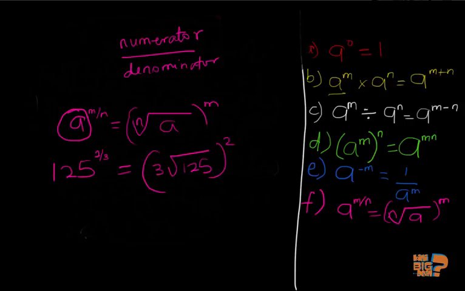Okay, what it means is what number will you have to multiply by itself 3 times to get 125? Well, that number happens to be 5. Okay, so your answer is 5, but then don't forget the square outside. That's what gives you the eventual answer, which is 25.